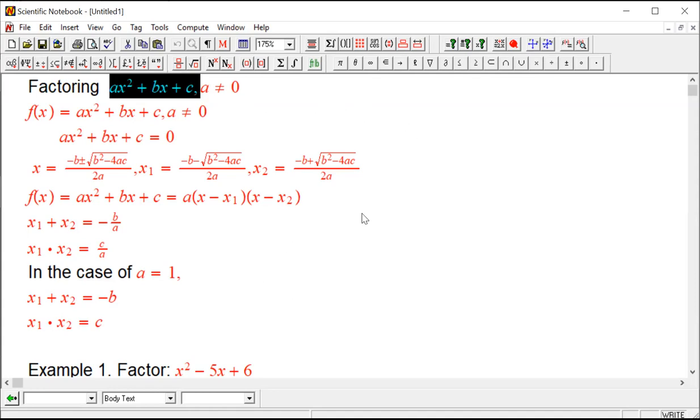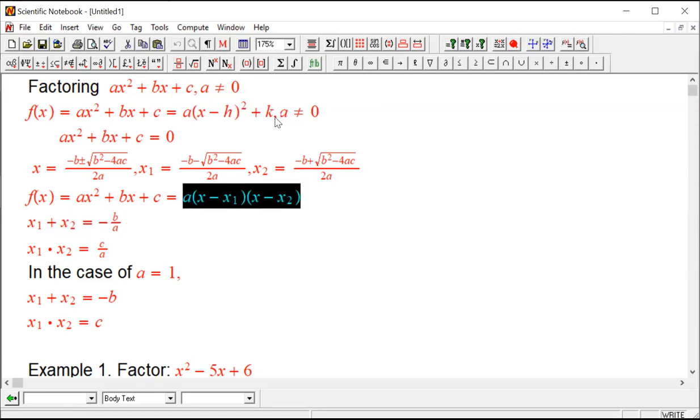So finally, if we combine this method with our earlier perfect square method, making a perfect square, we have the general form, the perfect square form, and the factored form.